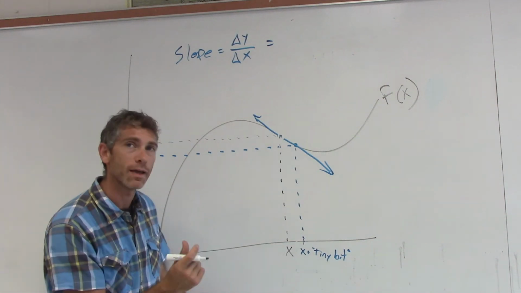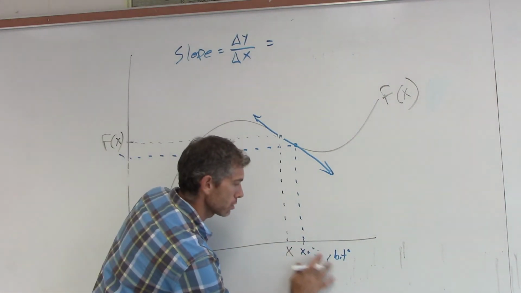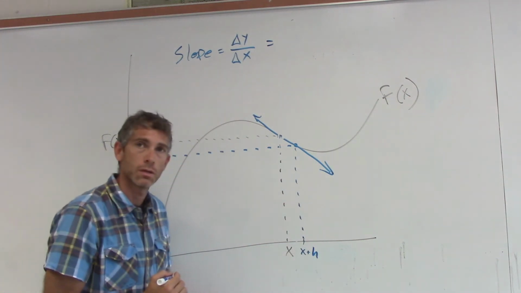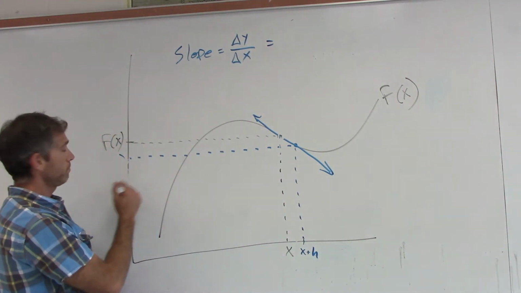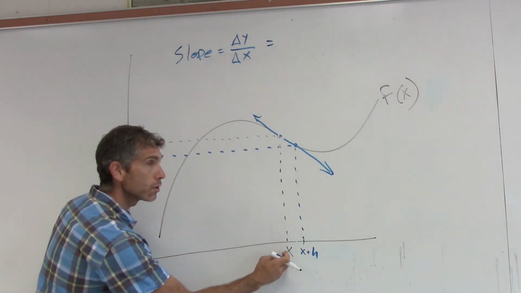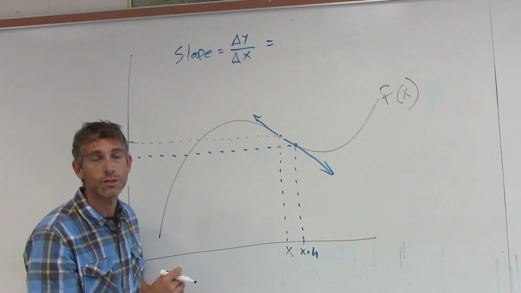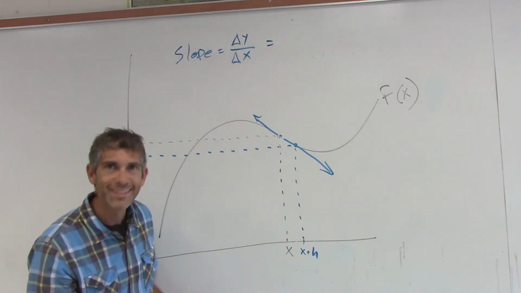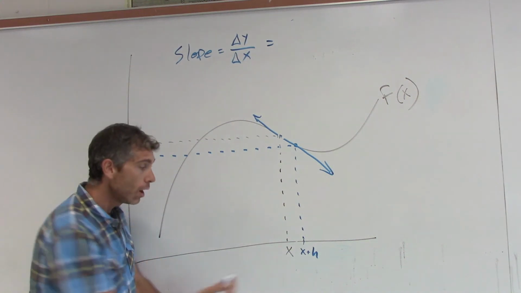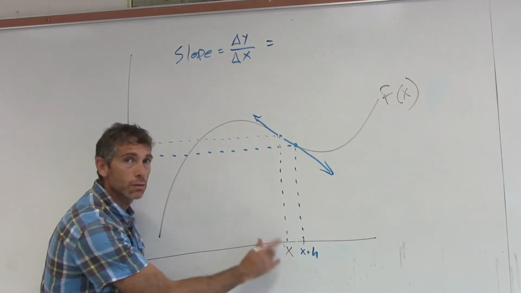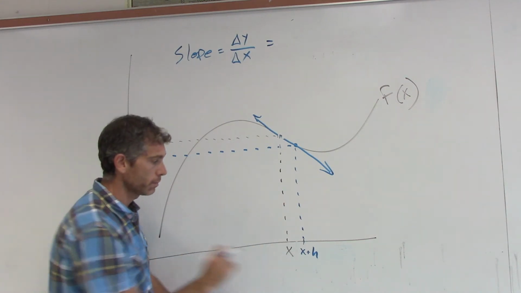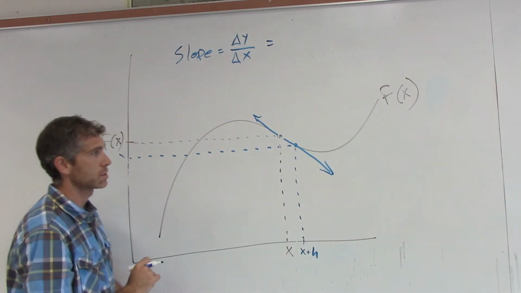That tiny bit, which mathematicians call h. So h is representing that tiny bit that you're adding to x. So if we're at 3, we'll go to 3.00000000001. If we're at 10, we'll go to 10.0000000. We could also be on the left side of the original, then it would be x minus h. That should still work. But to keep things positive, we'll just go to this side.